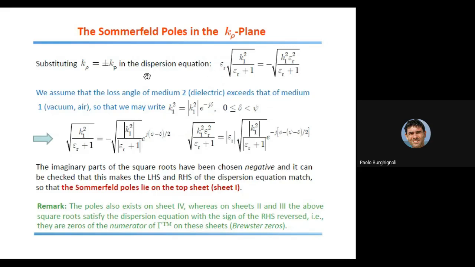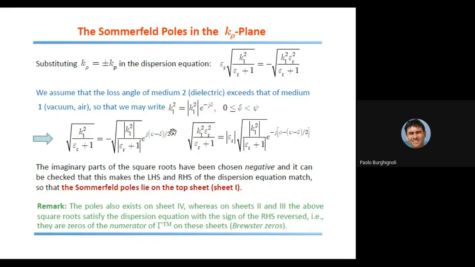And now this analysis is again made by explicitly writing the left and right hand sides in polar form, by letting, for example, k1 squared be the product of its absolute value times a phase term, where delta is assumed to be less than psi. That is, the loss angle of medium 2 exceeds that of medium 1, which is, by the way, vacuum, so it's lossless.